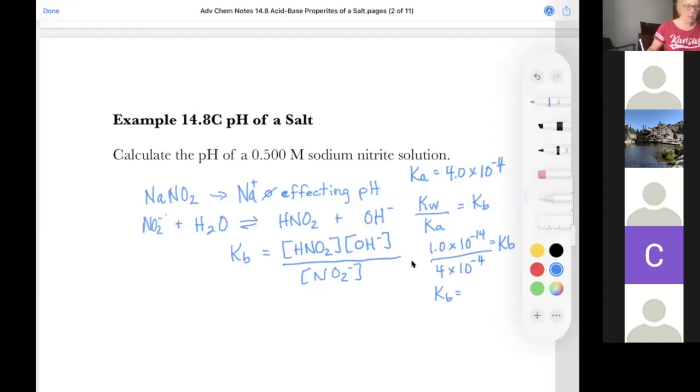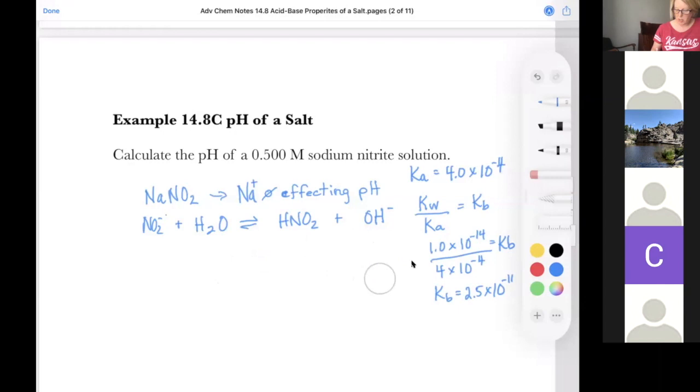This ends up being 2.5 times 10 to the negative 11th. Now that we know the Kb, we can proceed as we normally would with our equilibrium problems. So I'm going to take this out just so I can make an ICE chart underneath.